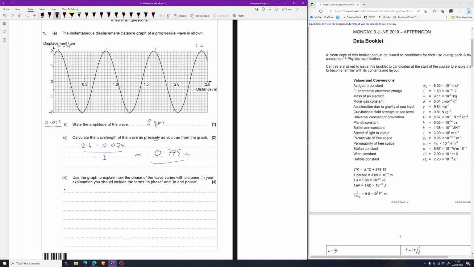So the first thing I guess we probably need to say is that phase changes with distance periodically. And the periodicity of that is 1 wavelength.